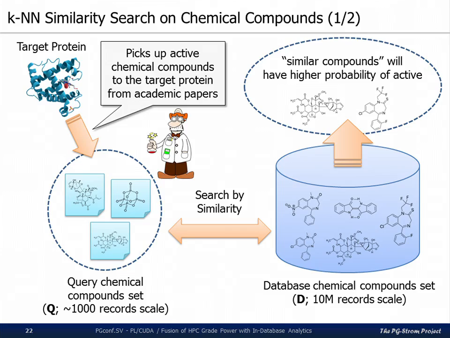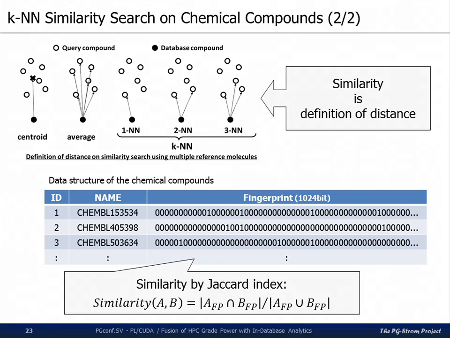So once we try to find similar chemical compounds from the catalog set, we may be able to find an unknown chemical compound that is more likely to be active to the target protein. It is a problem we try to tackle. So the next problem is how to define the similarity.